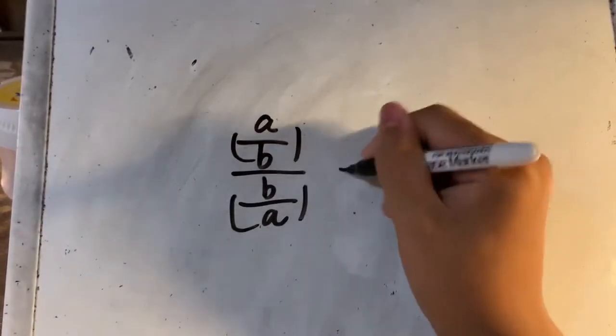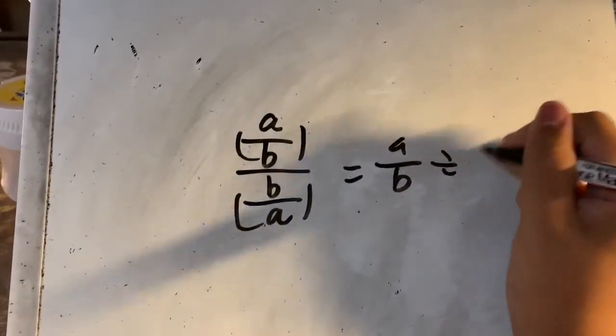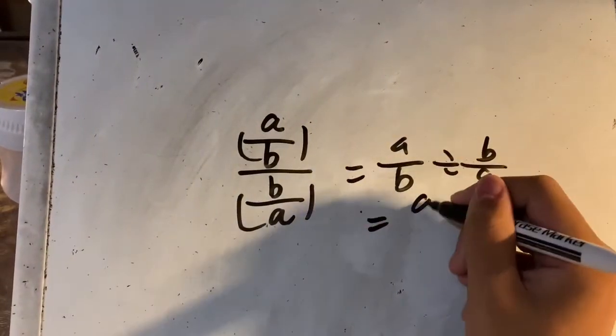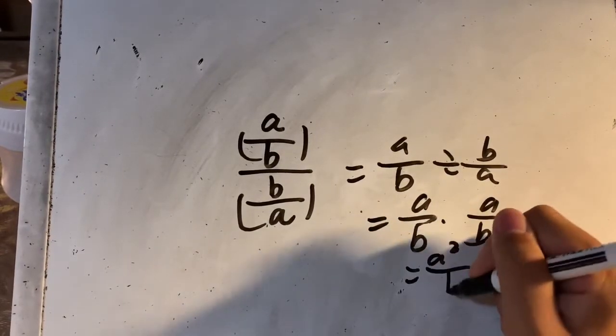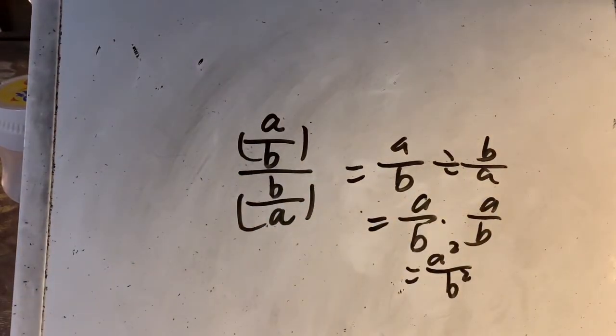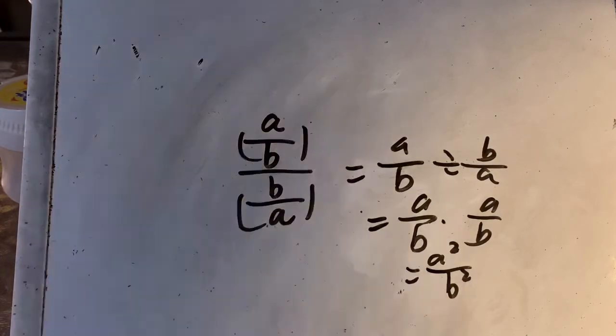This divided by this is equal to this divided by this is equal to 8b times ab is equal to a squared divided by b squared. So these are the common functions that will be tested in the PSAT.